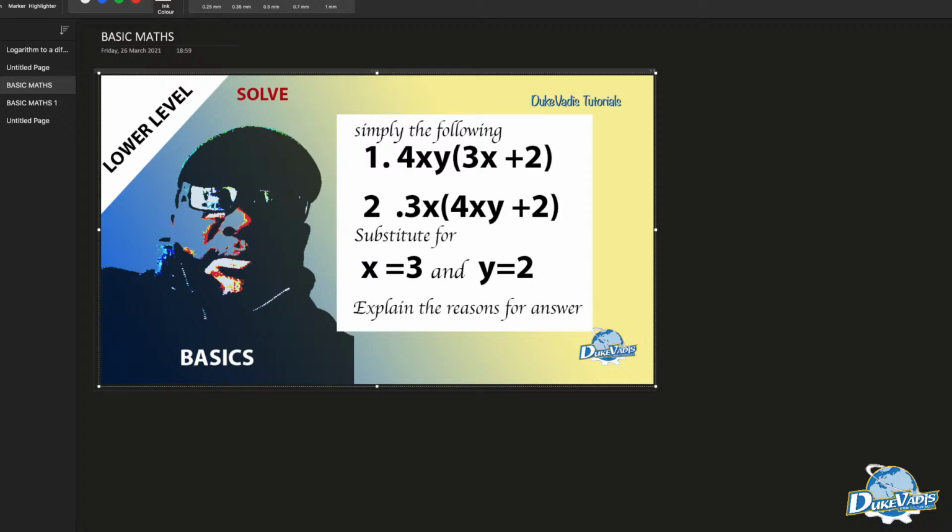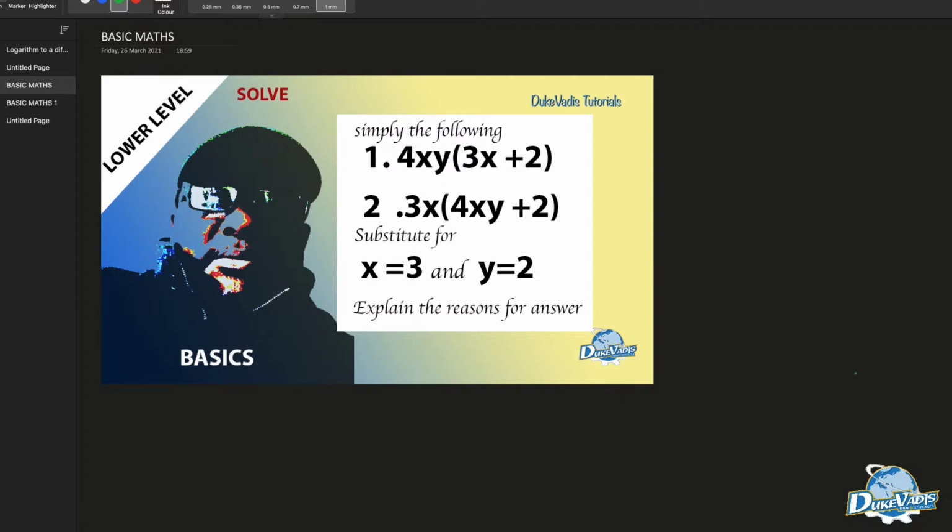So we are supposed to simplify these two. And after that, the next question says substitute for x equals 3 and y equals 2.